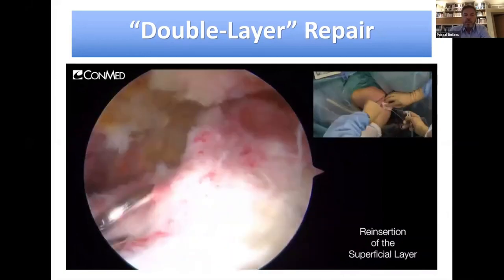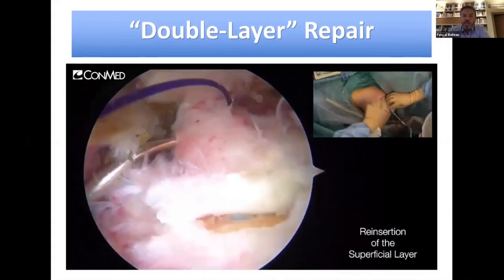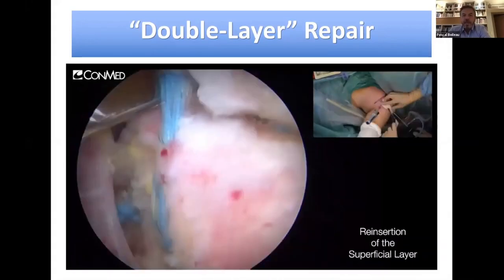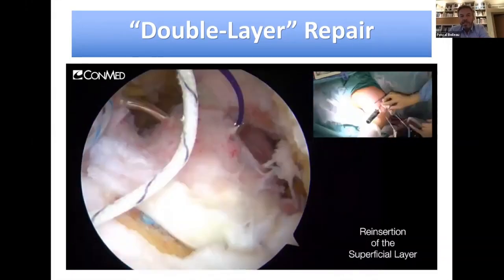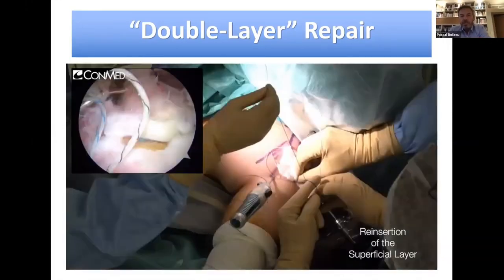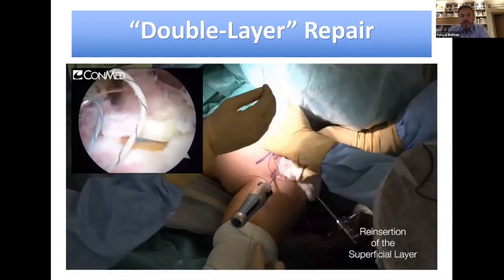Once again, I use the hook. I go very medial at the margin between the tendon and the muscle itself. I can use this PDS as a shuttle, and I can bring my first suture inside the joint here and make my first tension band repair.